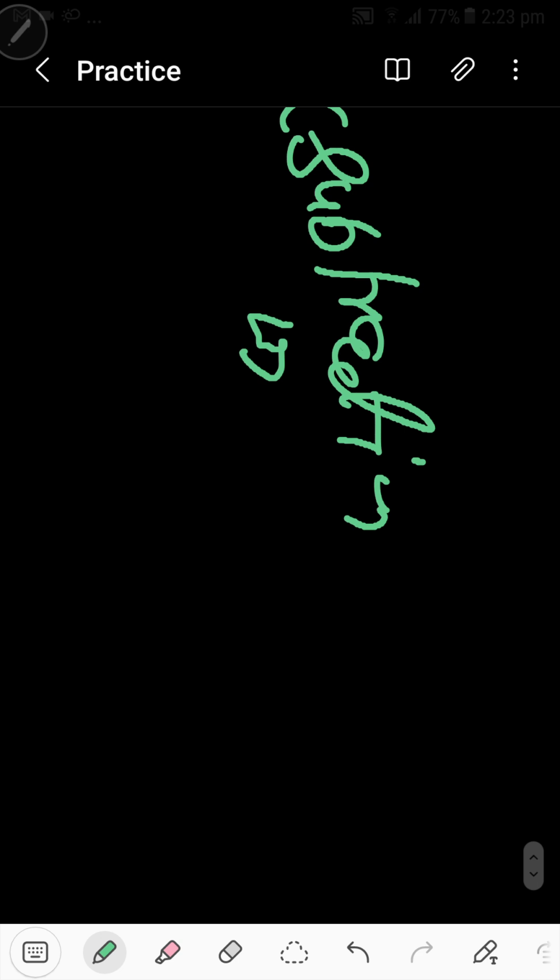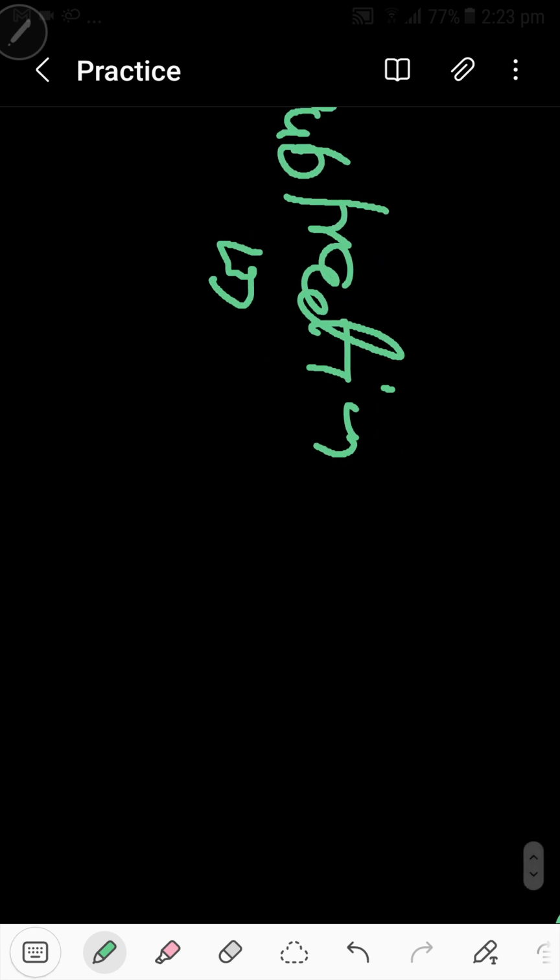Well, it's very simple. Addition means forward, whereas subtraction means move backward. So 9 minus 4 means 9 is what we start from, and 4 is the number we go down.